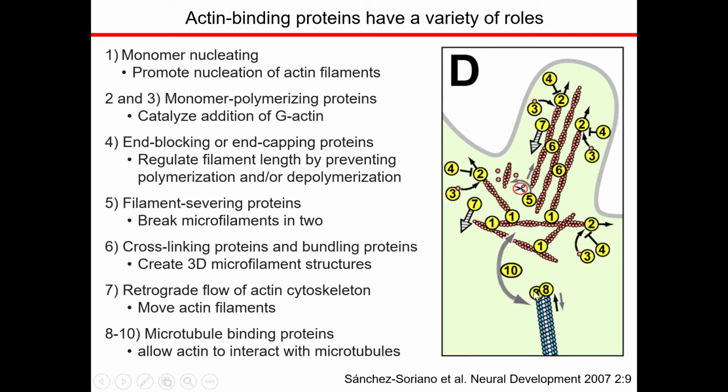And lastly, proteins 8 and 10, and number 9 isn't shown on this slide. Number 9 was in panel C of this figure that was on the previous slide. But 8, 9, and 10 are different examples of microtubule binding proteins. And these microtubule binding proteins are going to allow actin to interact in different ways with the microtubules.